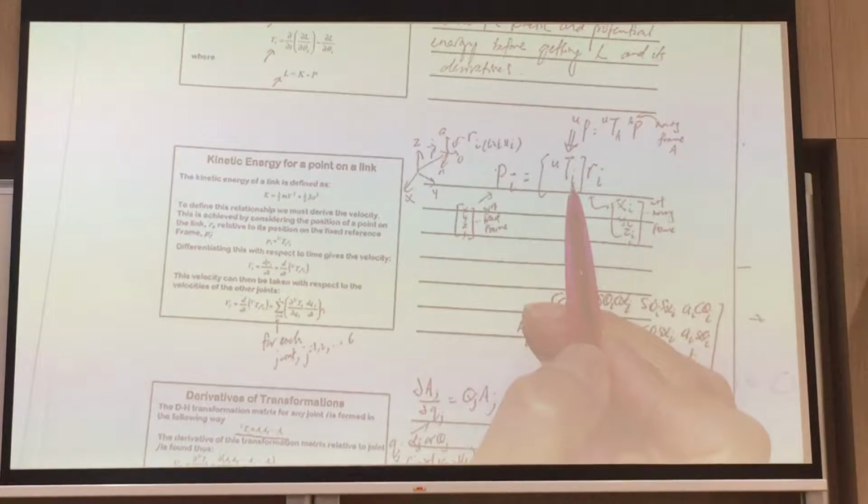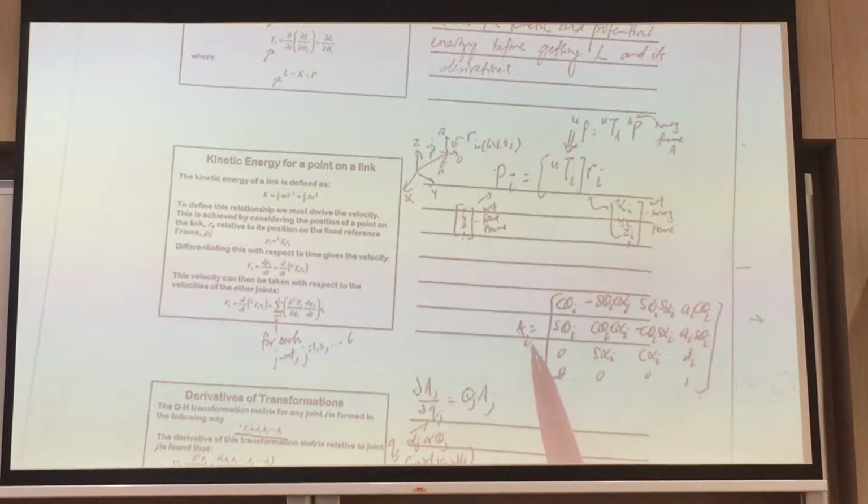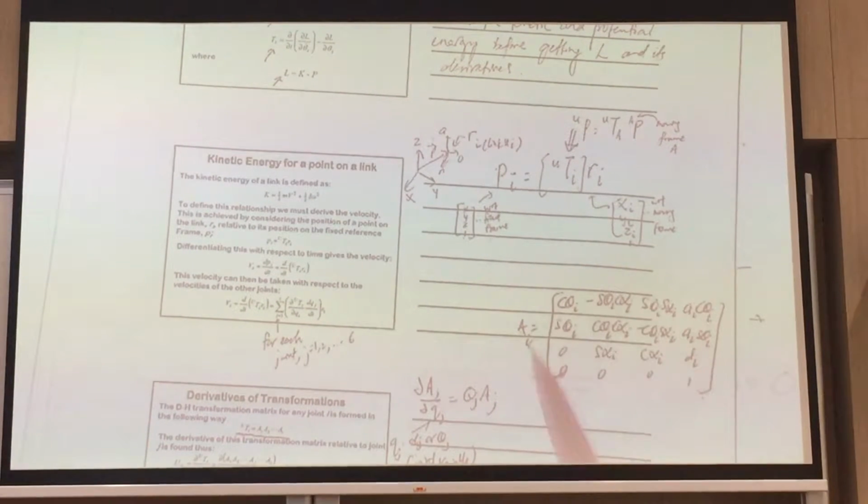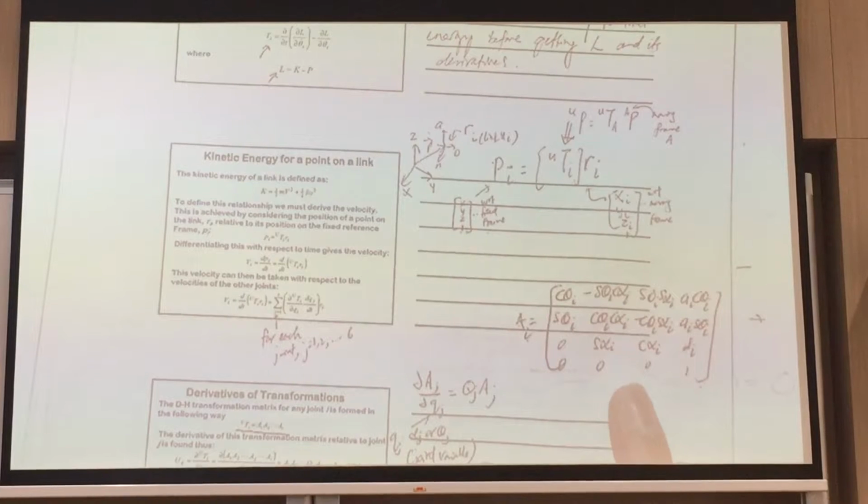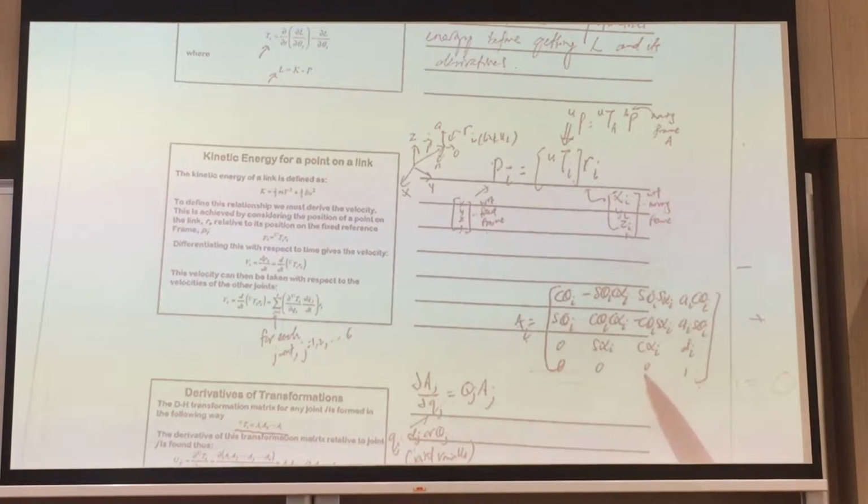If i is equal to 6, you will have A1, A2, A3, all the way to A6, given by this transformation matrix. How do you get this canonical matrix? This is from lecture 5, the DH representation.